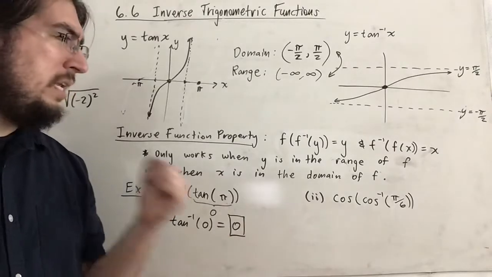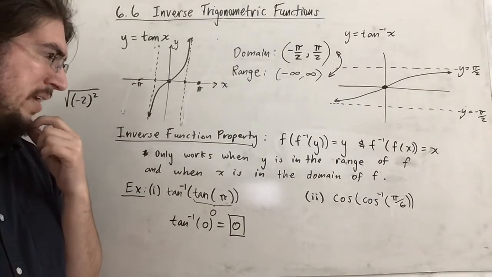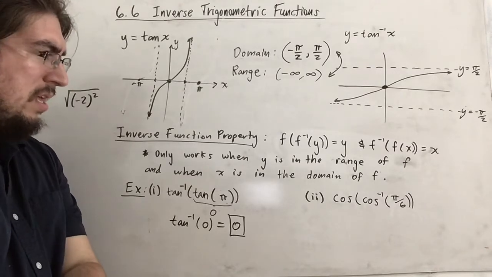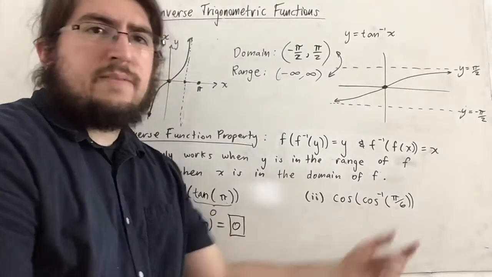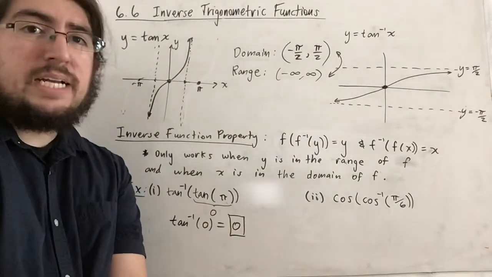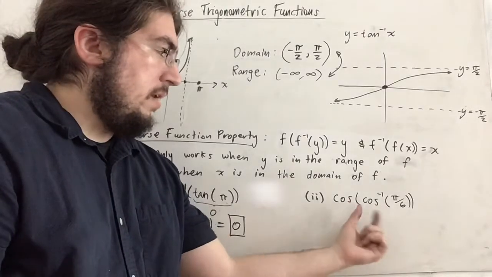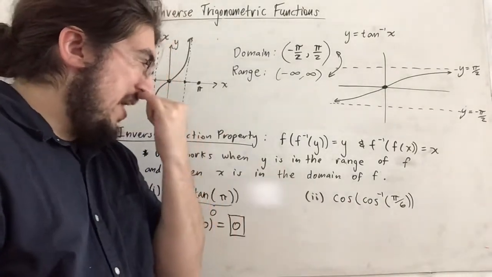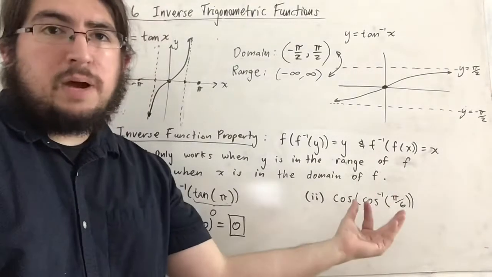Here, this one is okay. In fact, this is really funny looking because it says cosine of cosine inverse of pi over 6. Pi over 6 technically is in the range of cosine. It just sounds funny because we're taking cosine inverse of pi over 6.